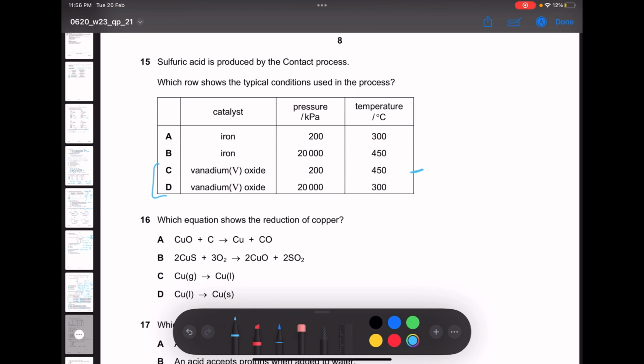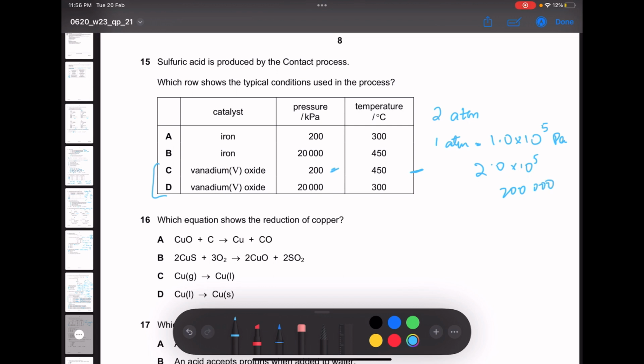And the pressure is 2 atm, and we know that 1 atm is 1.0 into 10 to the power 5 pascals. So 2 atm would be 2.0 into 10 to the power 5, basically 200,000 pascals. Yes, C.